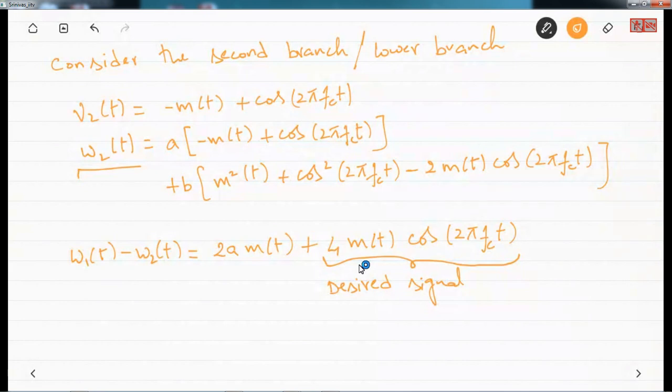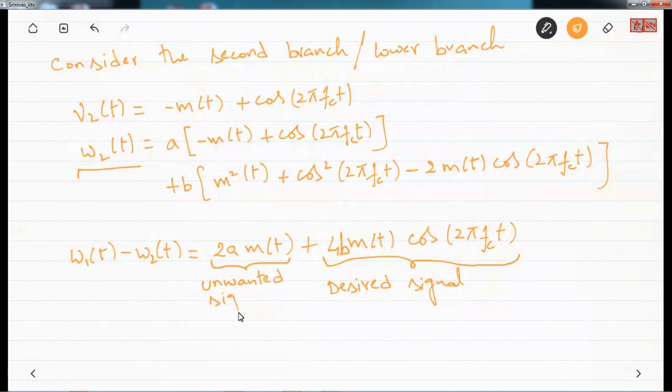But what do we have here? 2a m of t plus some 4 into m of t, oh, okay, sorry, there is something called b here. Because this b will be here, right? So this is the unwanted signal.